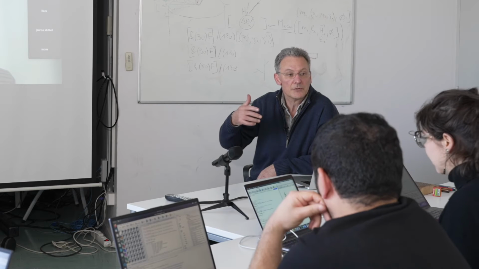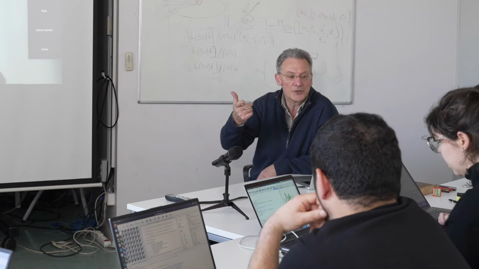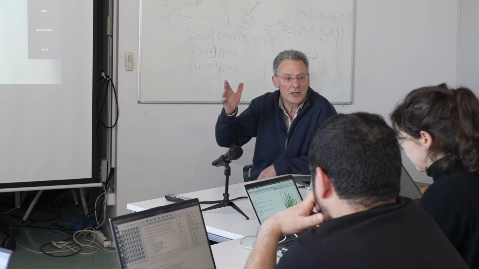How about you, Jeanne? I can show you, but I don't know if it's very interesting at this point. It's quite cool. Even if you don't have results, you can just give the aim of your project, where you are and where you want to be.